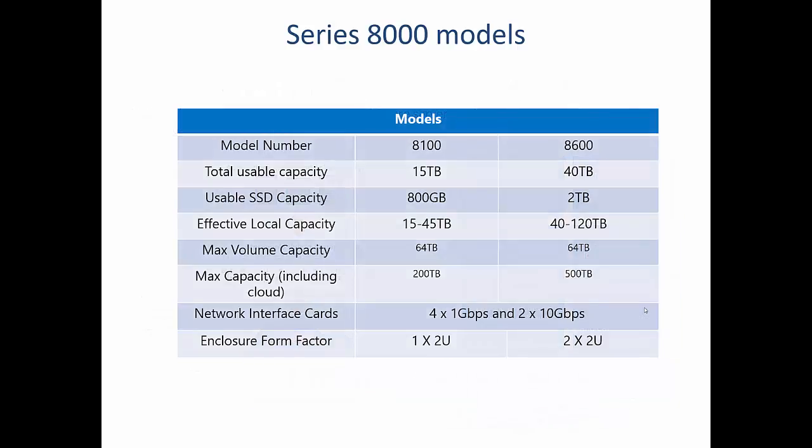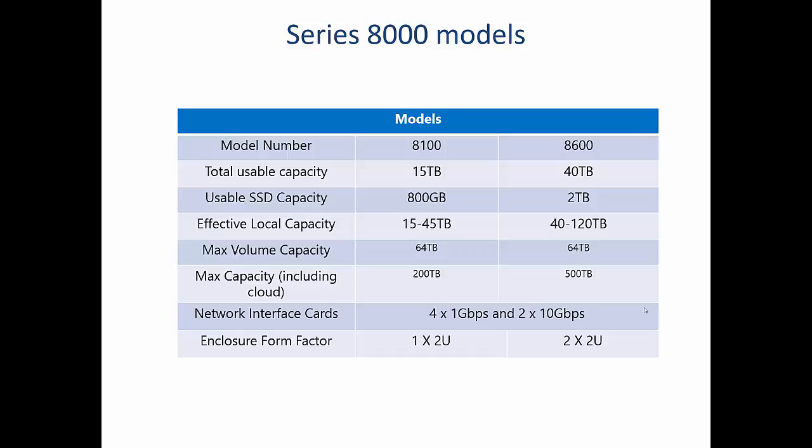So just to get down to some of the speeds and feeds, specifically there are two models available. There is the StorSimple 8100 and the StorSimple 8600. The 8100 provides 15 terabytes of on-premise capacity, 800 gigs of SSD capacity, and it can scale up to 200 terabytes by leveraging the cloud, and that's post-dedupe and post-compression storage, and that's all in a 2U form factor.